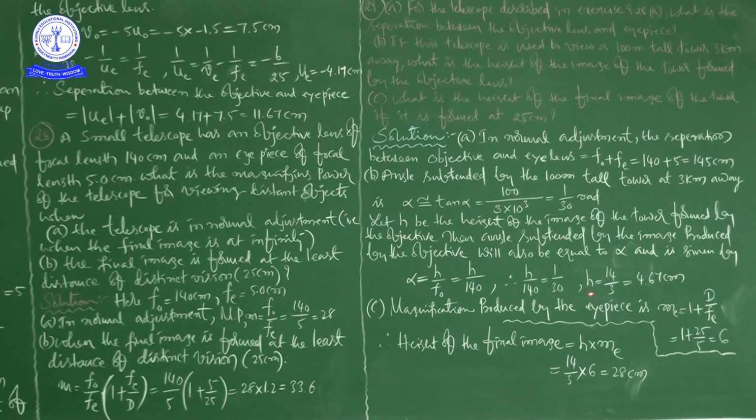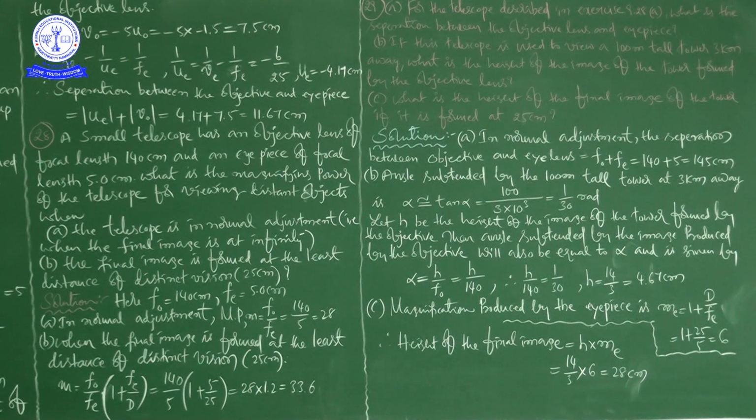Here we got H as 14 by 3, or 4.67. Here you can write 4.67 also. 4.67 into 6 means it is 28 centimeters. 28 centimeters is the height of the image. Right.